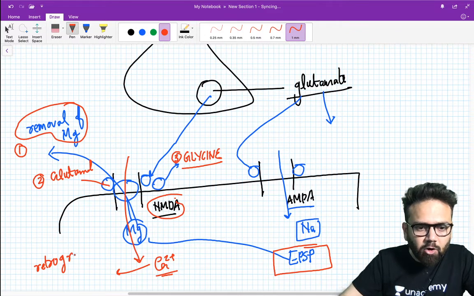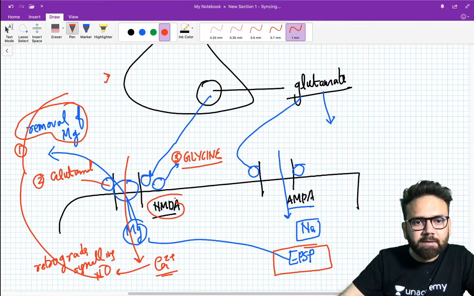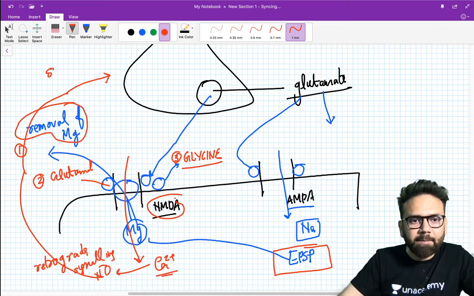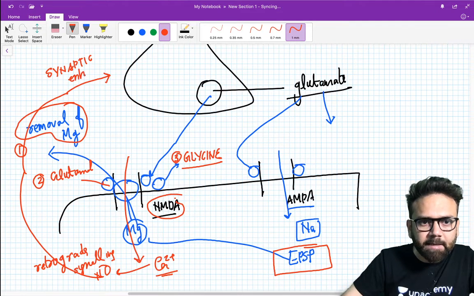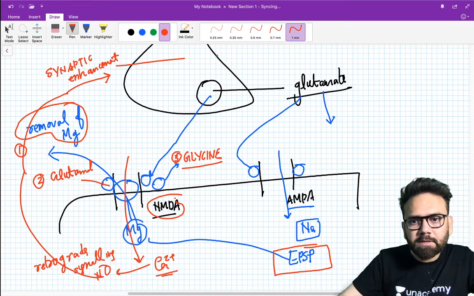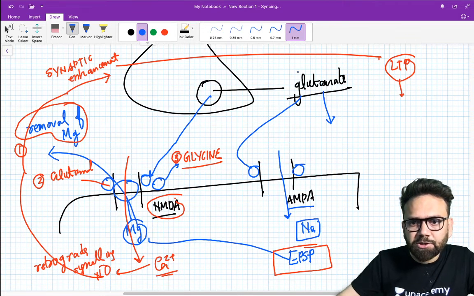This calcium can cause retrograde signaling by nitric oxide, and this will cause synaptic enhancement, or this is also called long term potentiation.